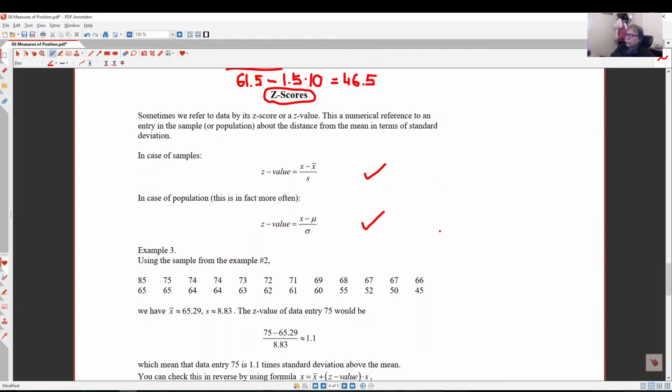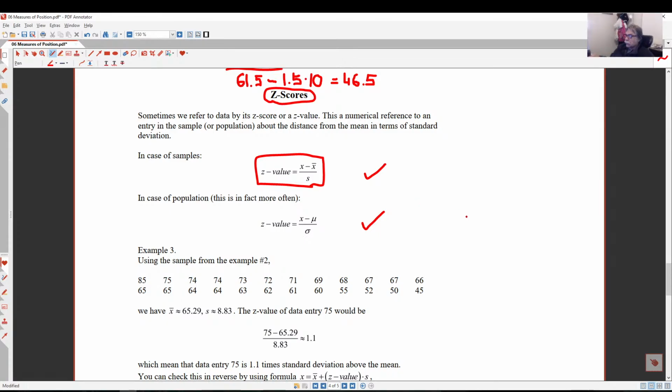It's calculated with the same formula, or similar formula, I should say. In the case of a sample, we calculate the z value by subtracting the mean of the sample from any x value and dividing by the standard deviation. Which means that every item in the sample, every x value, has a z-score, or z-value.